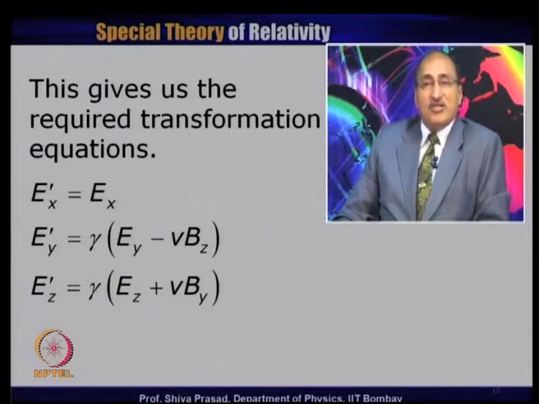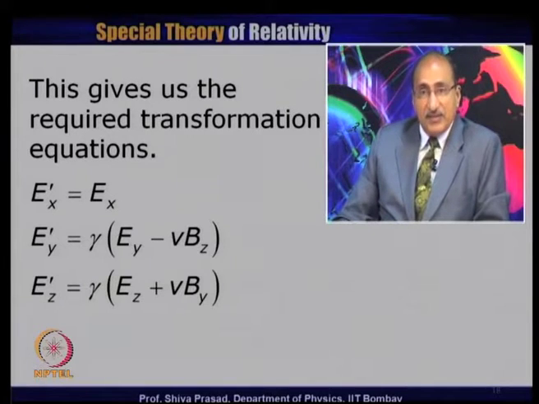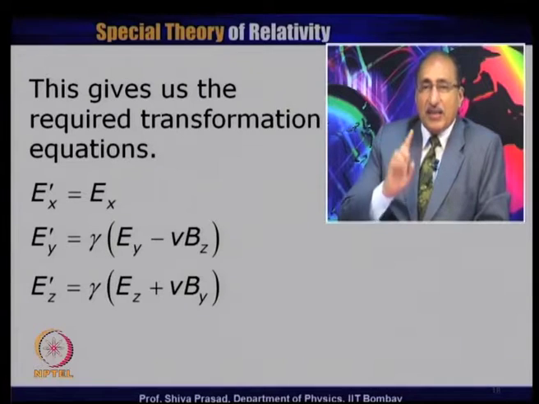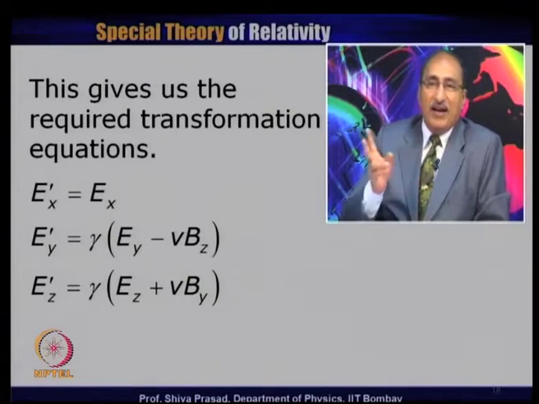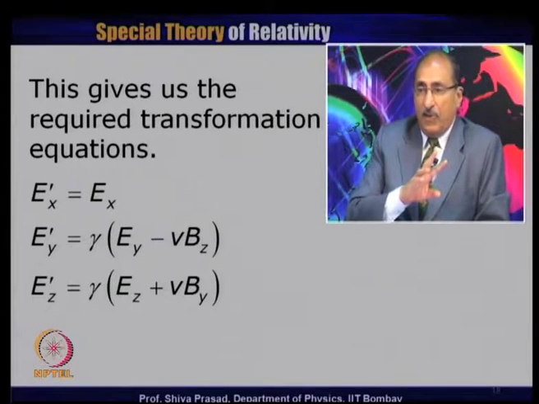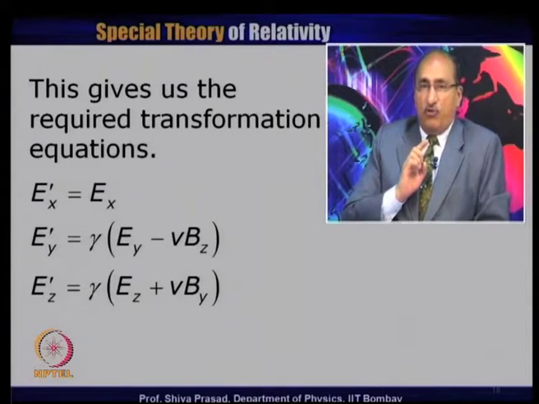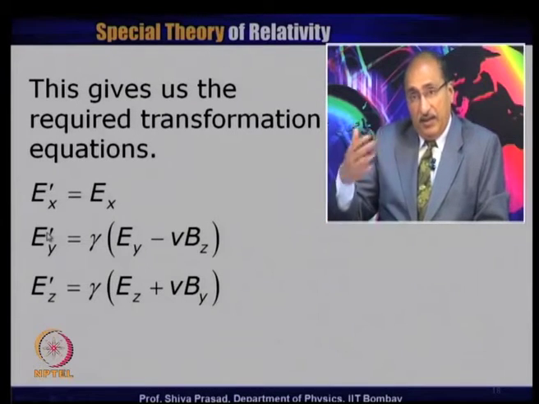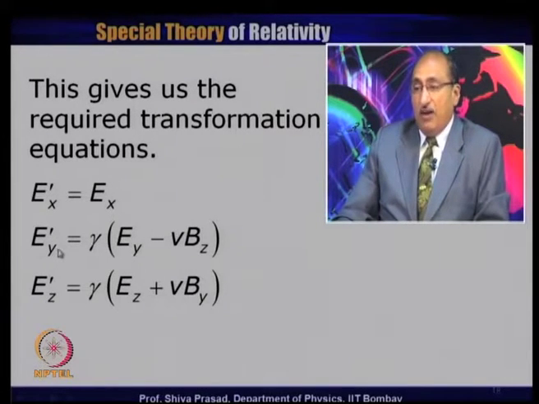So, what do these equations give us? These equations tell us that if my force transformation equation has to be obeyed, then the x component of the electric field must remain identical between S and S prime frames of reference. As far as the y component of the electric field is concerned, it will change. In the S prime frame, it will be given by Ey prime.